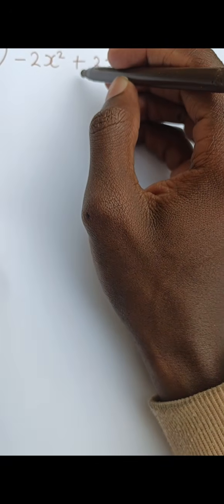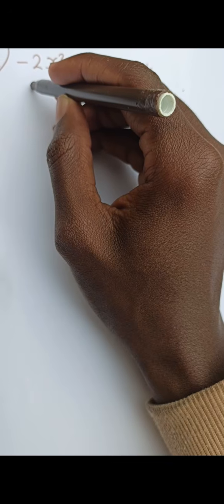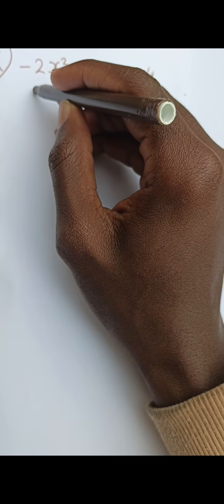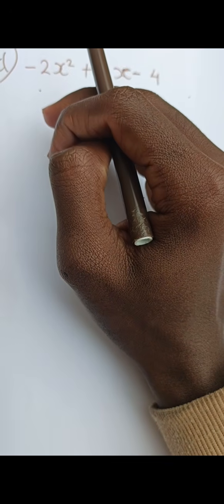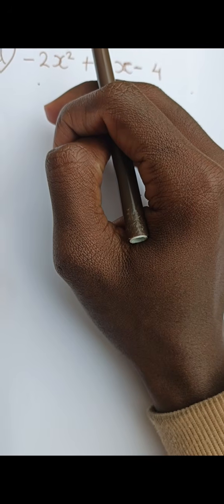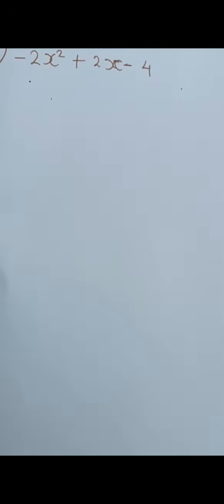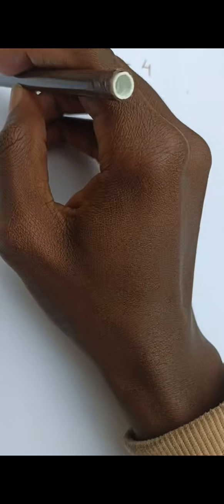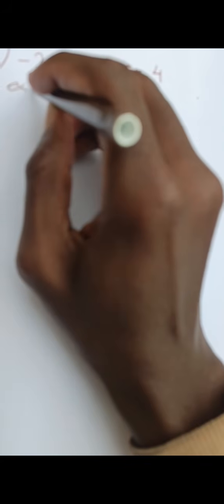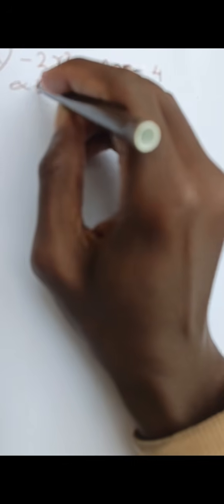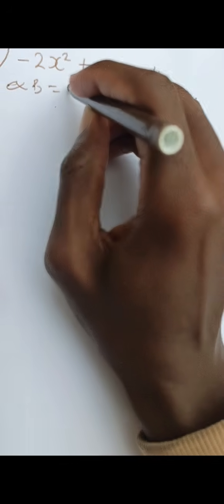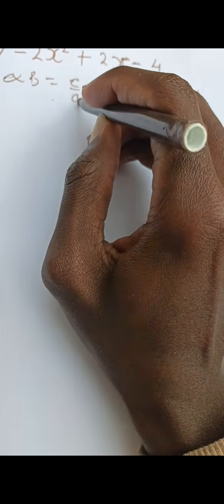So this is the equation given, and they want you to write down an equation whose roots are these given alpha and beta. Like I explained, you first need to start by finding alpha times beta, which is equal to C over A, right?